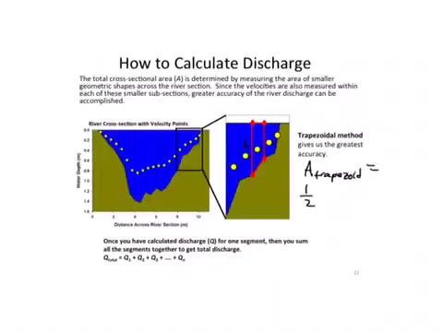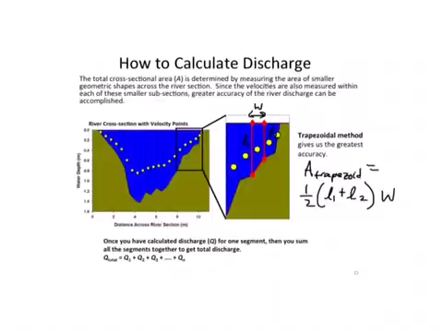Let me rewrite that. So let's just use a cursive L. So length 1, and then this is length 2, so it's 1/2 of length 1 plus length 2 times the width of that trapezoid.